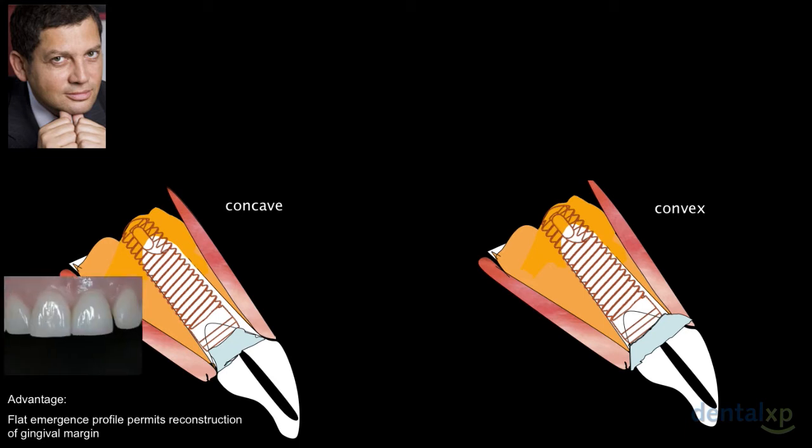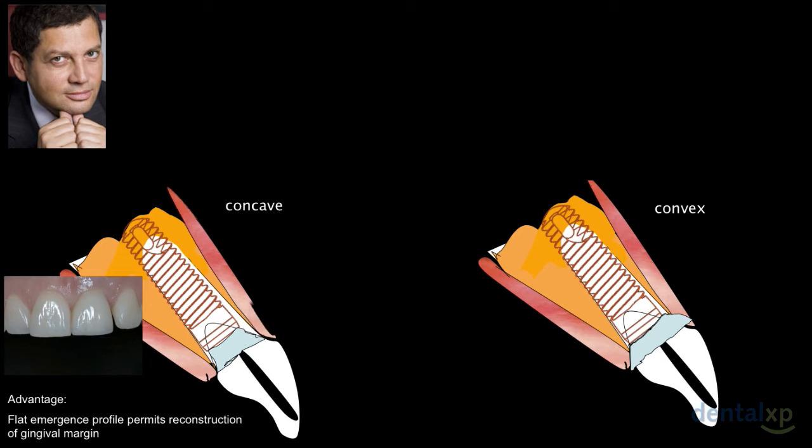The disadvantage of these cases is that from a lateral view, sometimes having a concave emergence profile, we have a collapse of the soft tissue. This picture on the left hand side of this screen shows you an implant in position of tooth number 21 with the ideal gingival margin with the zirconia crown after 8 years in function.